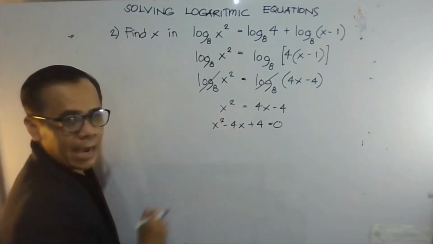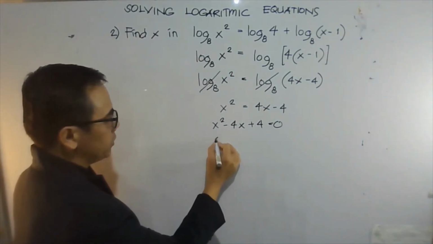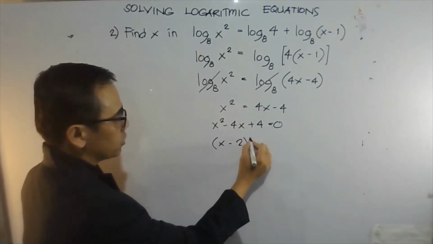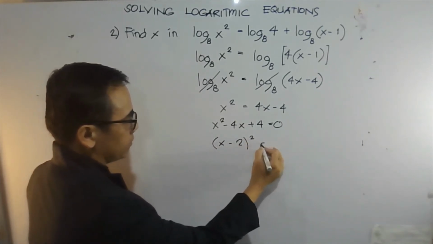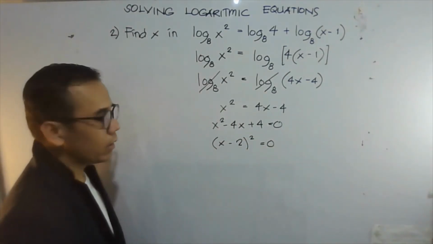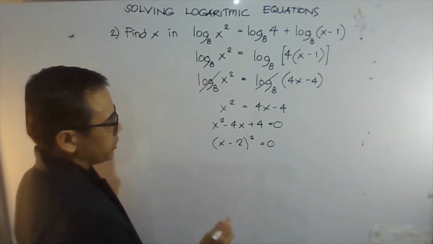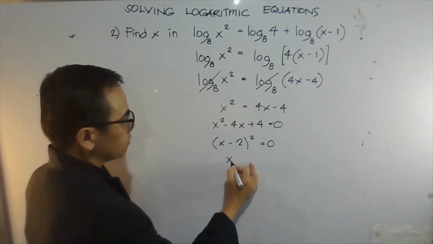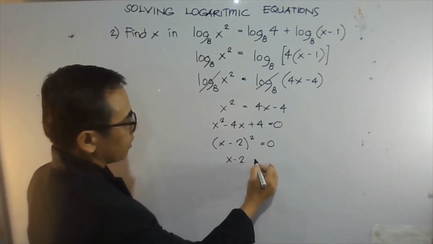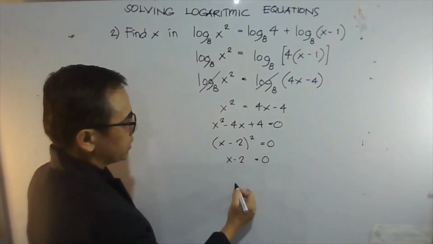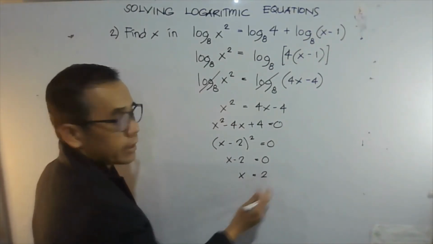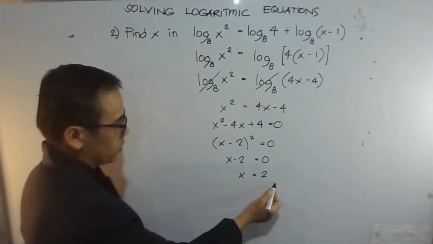Now factoring this out, it is equal to x minus 2 squared. So from this expression, x minus 2 is equal to 0. So our x now is equal to 2.